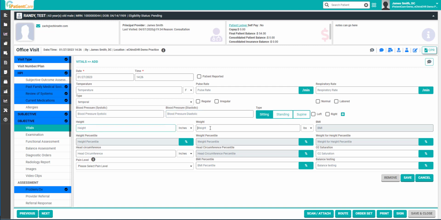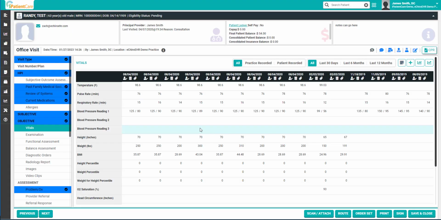And then, of course, height, weight, and then the BMI would automatically be calculated. And then saving these vitals so that you have documented history of the patient's vitals over a period of time.